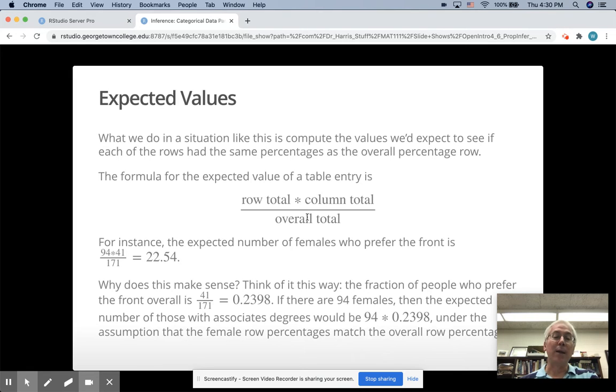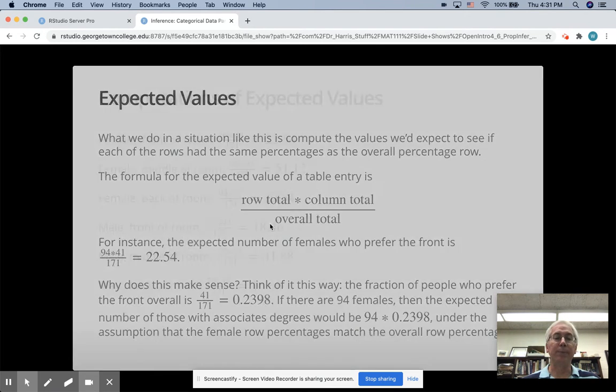So if we think about column total over overall total, that's my row percentage for the totals row. And then if I just multiply it by the row total, that will give me what I expect to see for each individual gender in terms of expected number to give that response. So again, 24% overall said front. I've got 94 women. Therefore, my expected total would be 24% of the 94 women. That's where the 22 and a half comes from.